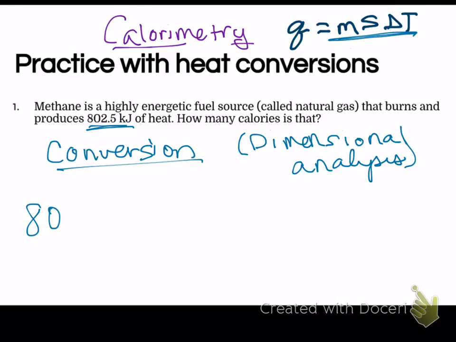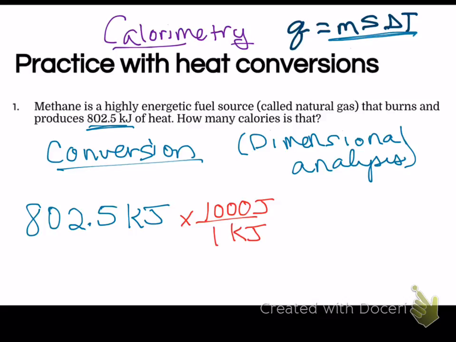Okay, so here, 802.5 kilojoules is what we're starting with. And I already know a relationship between kilo and the base unit. So that is always 1,000 of the base and 1 of the kilo. So in this case, our base is joules. So I'm going to put big joules on top, the big J there.